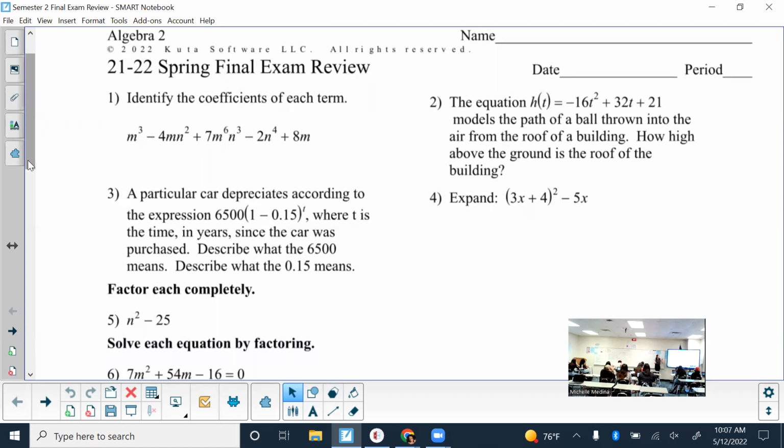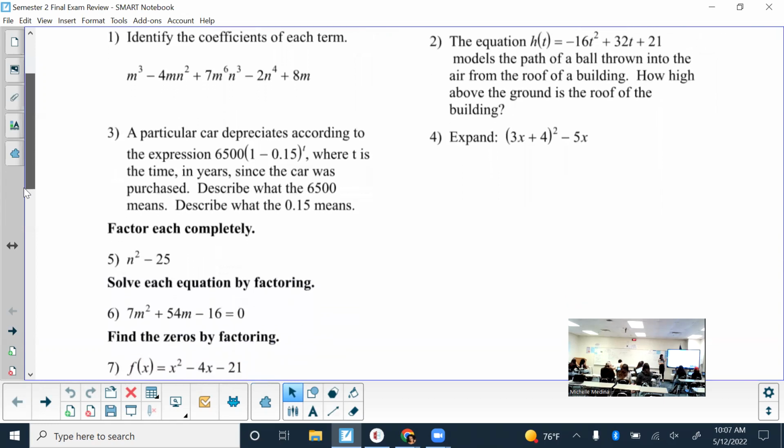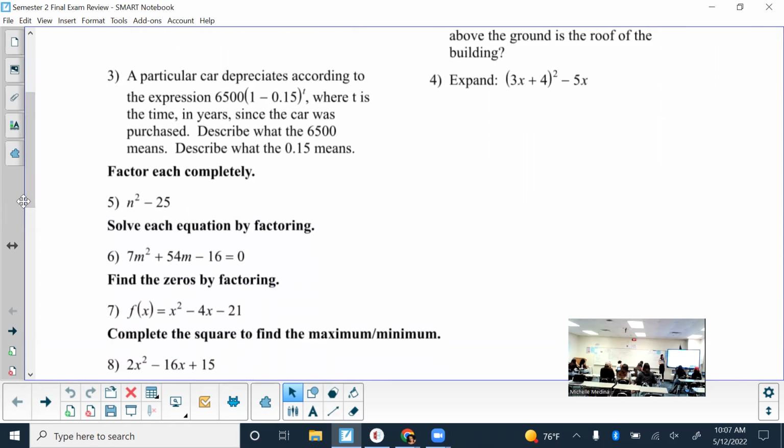All right, which, if any, would you like to see? Yes, number 3. A particular car depreciates according to this expression. This is all from 2nd semester, early on.